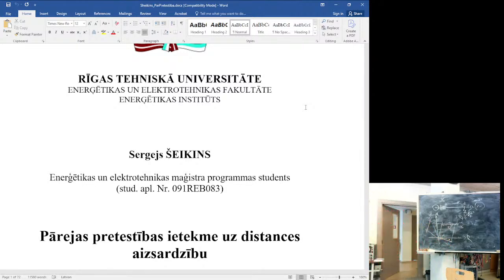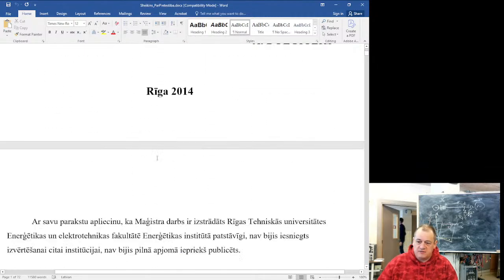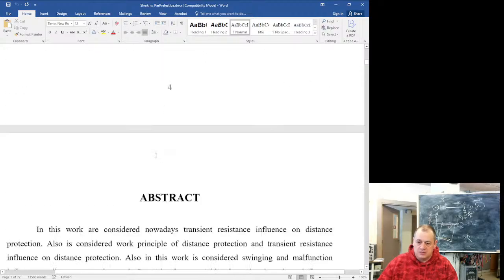One moment, I will connect my TV. Master thesis by Sergei Sheikin. It's called influence on distance protection from transient resistance. I was the scientific advisor when it was written 10 years ago.